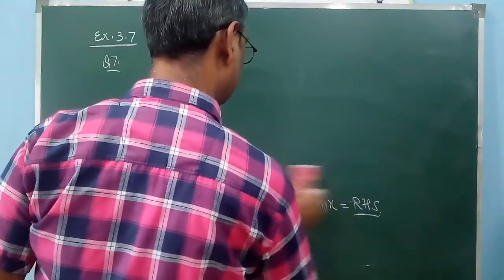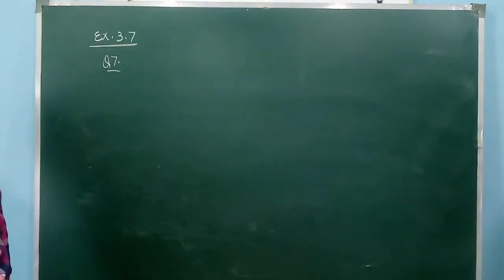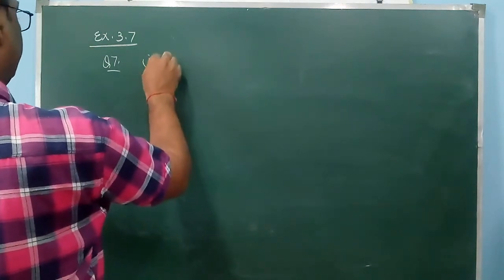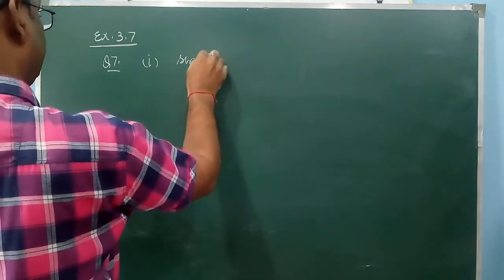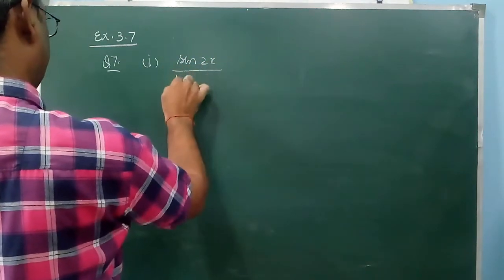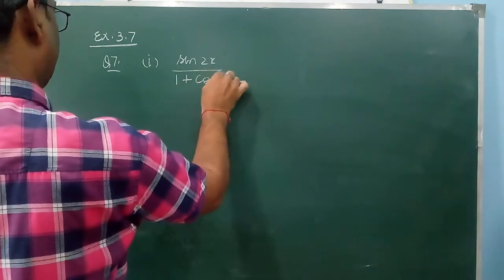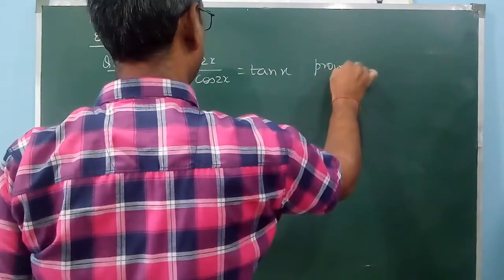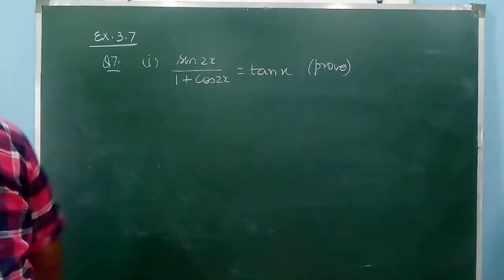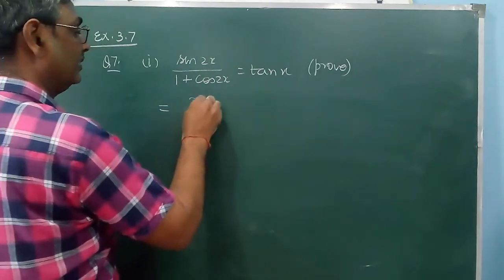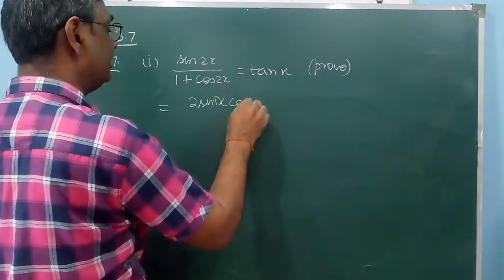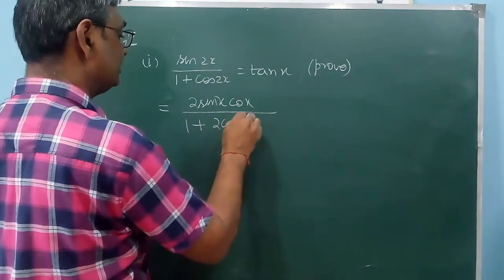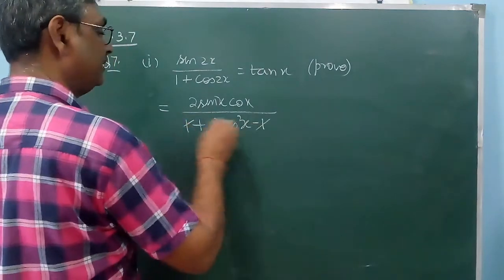Now question number 7. So here write the formula. It is 2 sin x cos x upon 1 plus 2 cos square x minus 1. 1 will be getting cancelled.